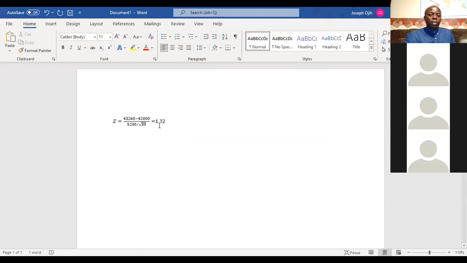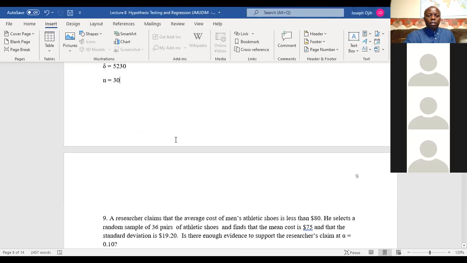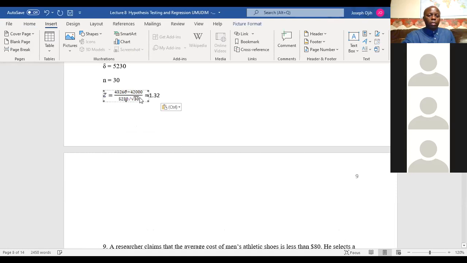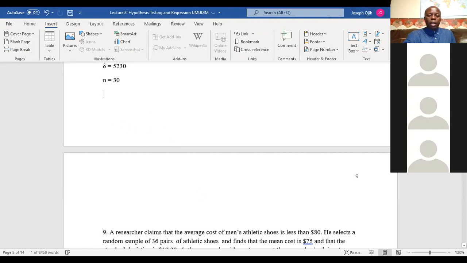So I'm going to copy all of this and paste it in our main workbook, which is right here. 1.32. We have run the test. I think I'm going to make some correction there.